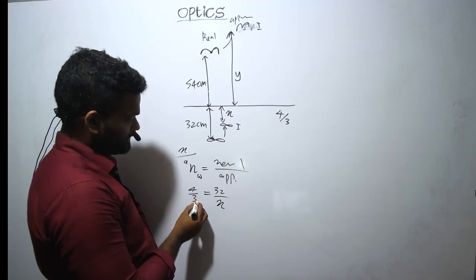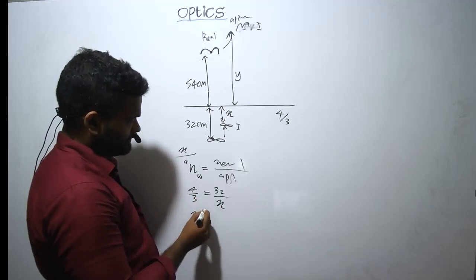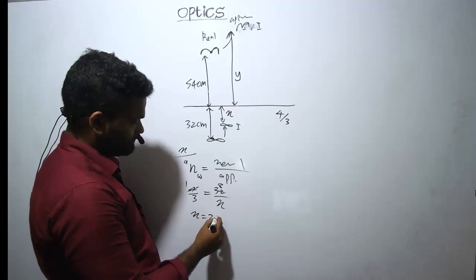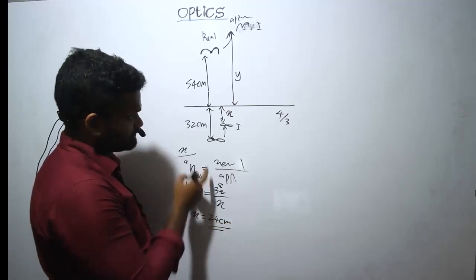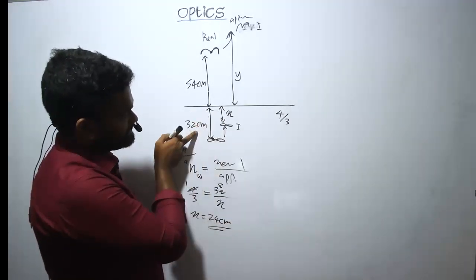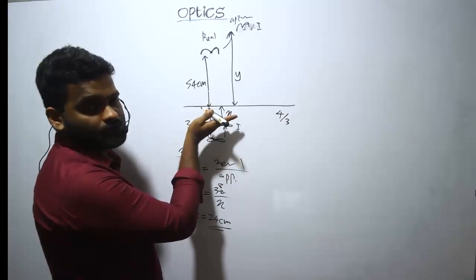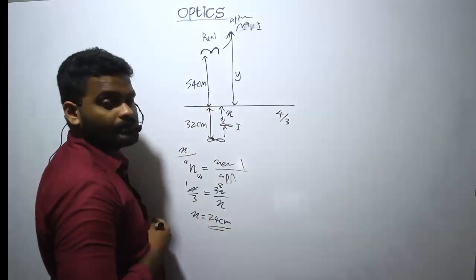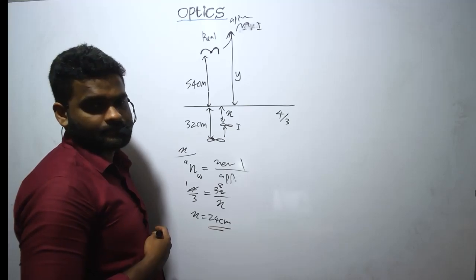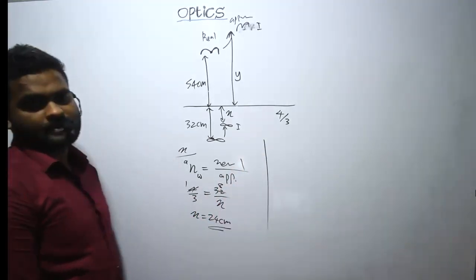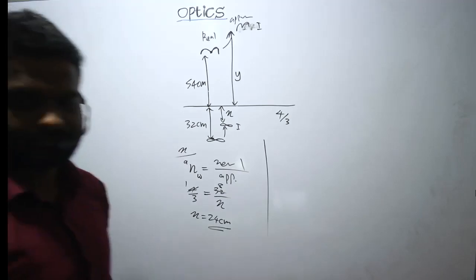Now cross multiply: 1, 8, 24. So x is 24. It is less than 32, meaning the fish has shifted upwards. 24 centimeters. First take it down and let me know.